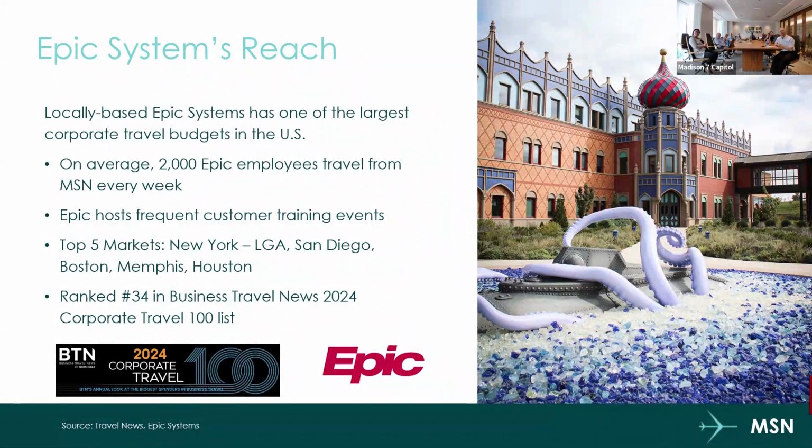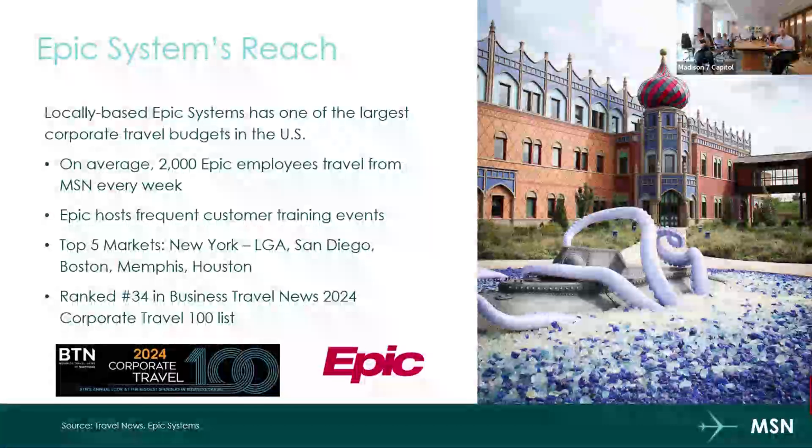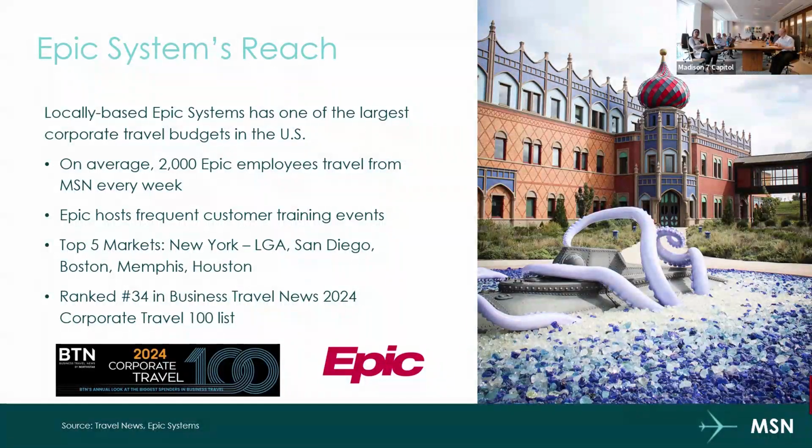San Diego, Boston, Memphis, Houston. And then in 2024, by Business Travel News, they've been ranked number 34 on the corporate travel spending list. So they're up there with the likes of Walmart. They're literally sandwiched between Walmart and GE, which are companies 10, 20, 30, 50x bigger than them.